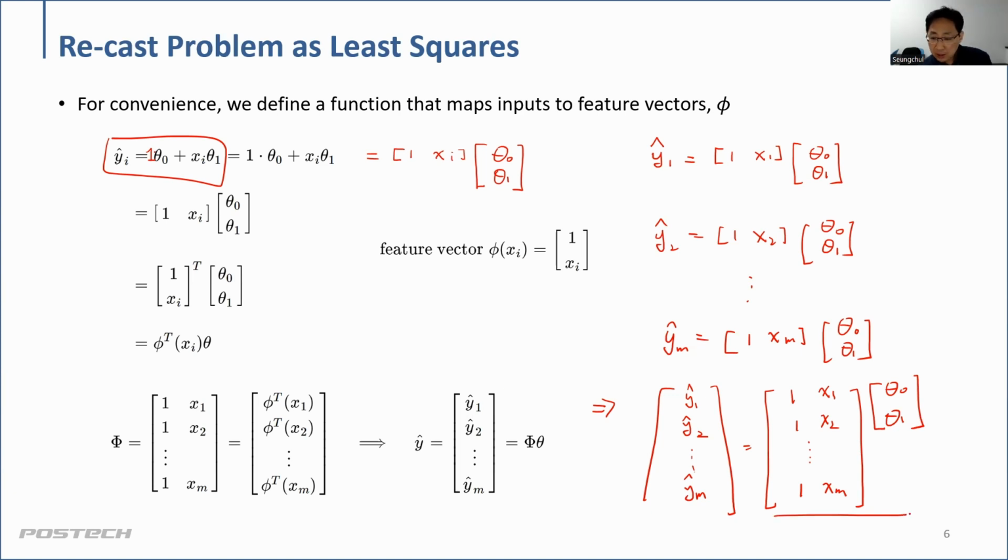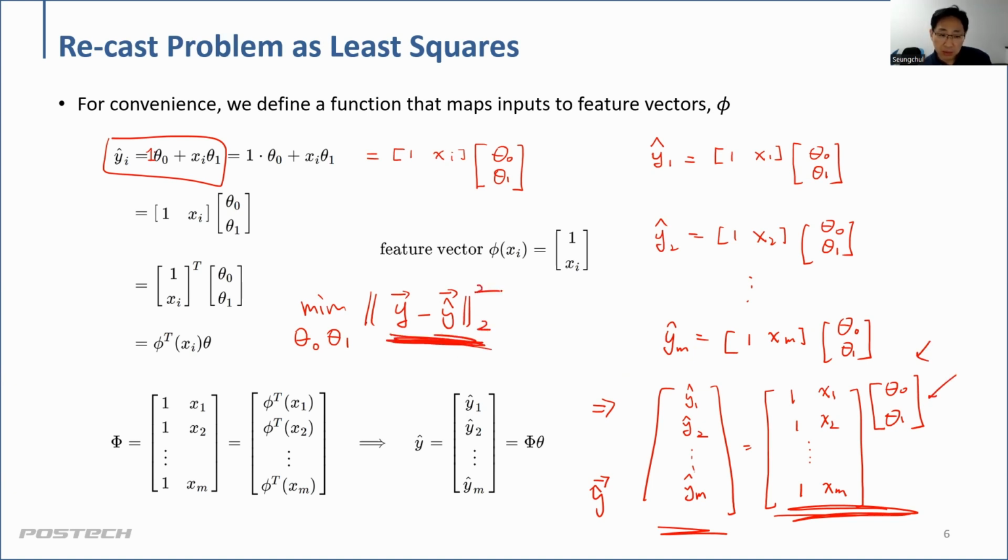And again, here it looks like a matrix and vector multiplication, and it turns out to be a column vector. Then this is the y vector, and y hat. I want to minimize the difference between the given data vector and the y hat vector. I'm going to find the theta naught and theta 1 that minimize it in the 2-norm distance.